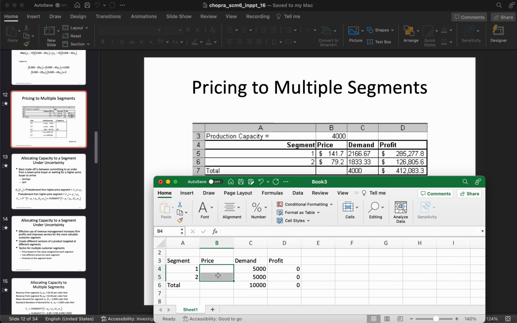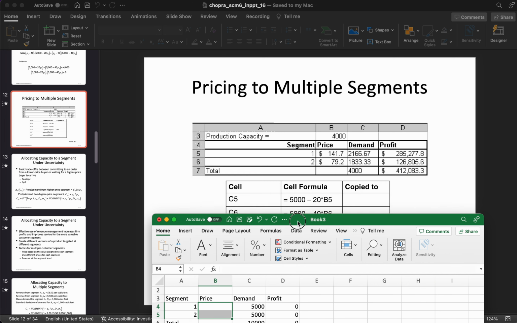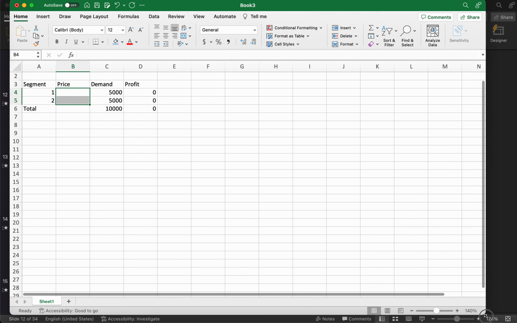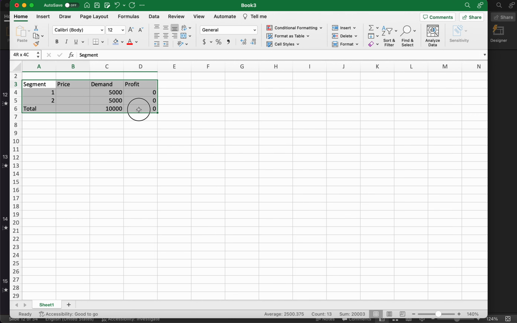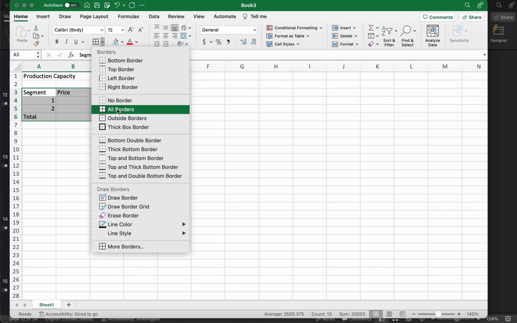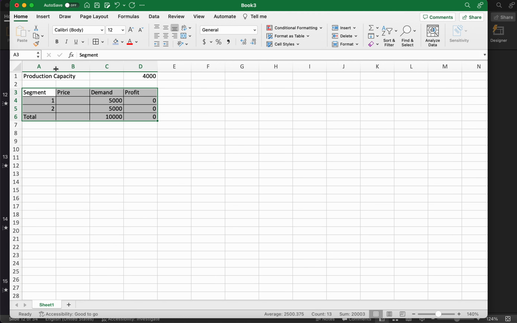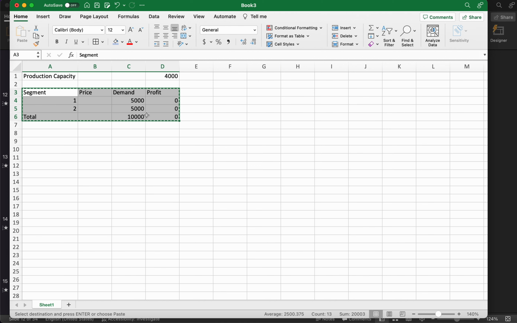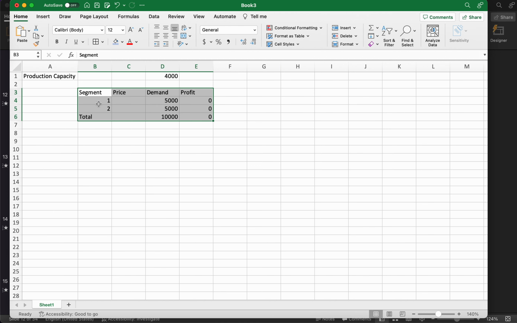And these are the two price values. So I don't need my formulas anymore. Let's just move a few things aside.